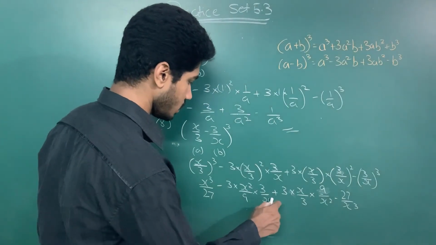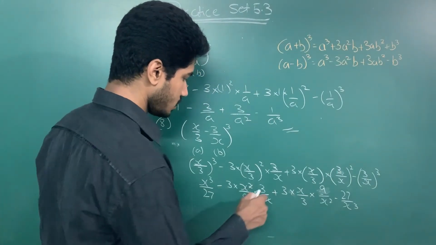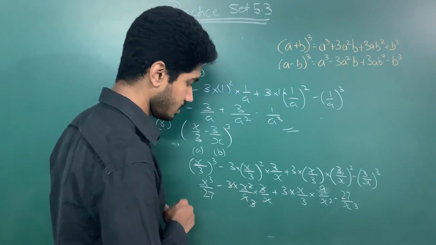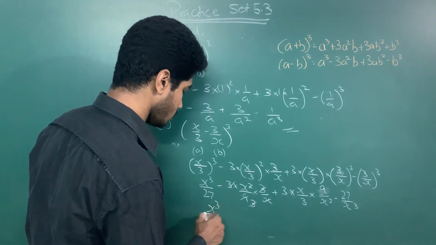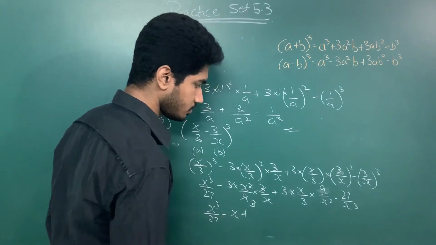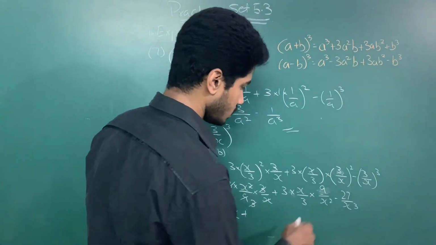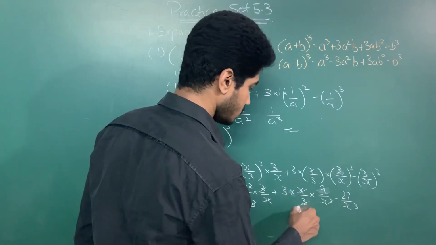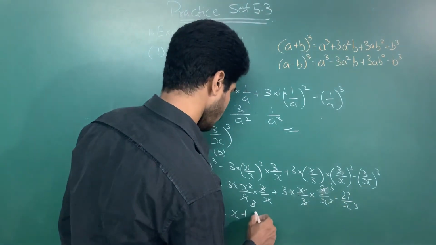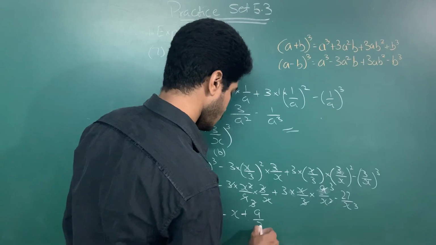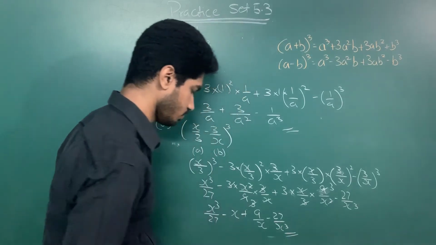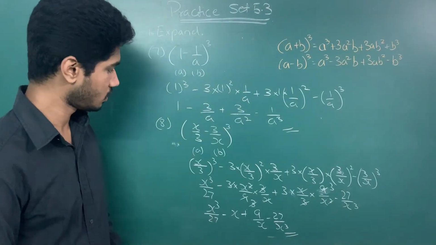So over here x and 1x will get cancelled. 9 will get cancelled and you will get 3 over here, and this 3 and 3 will get cancelled. You are left with x cube upon 27 minus x plus यहाँ पे भी कुछ कैंसिलेशन कर सकते हैं हम. यहाँ पे x और x कैंसिल हो जाएगा, 3 और 3 से कैंसिल हो जाएगा. So you're left with 3 into 3 will give you 9 upon x, and this will give you minus 27 upon x the whole cube. Therefore, this is your final answer.